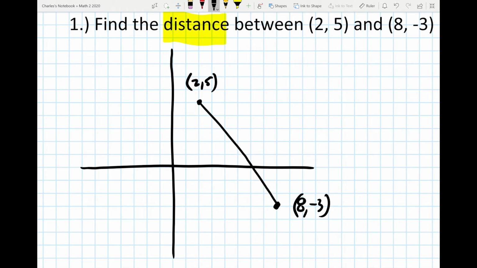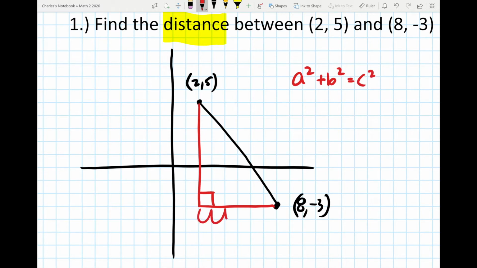And what I told you to do is to construct or draw a right triangle, because then we can use the Pythagorean theorem, which is a squared plus b squared is equal to c squared. All I have to do is count 1, 2, 3, 4, 5, 6.